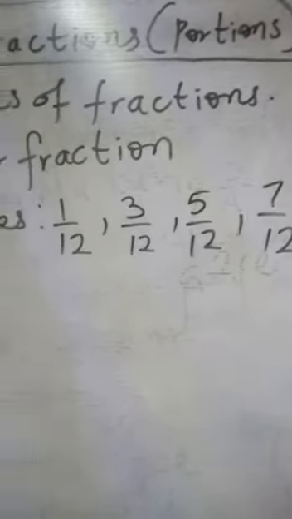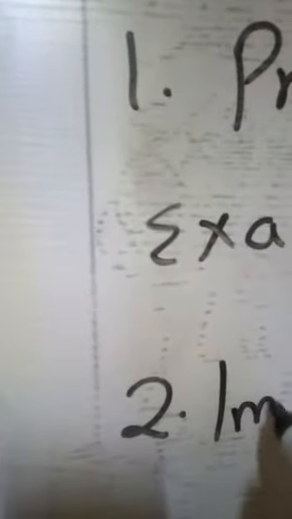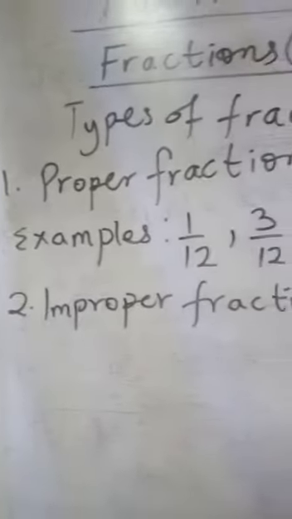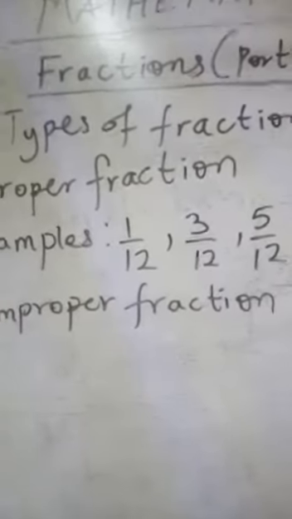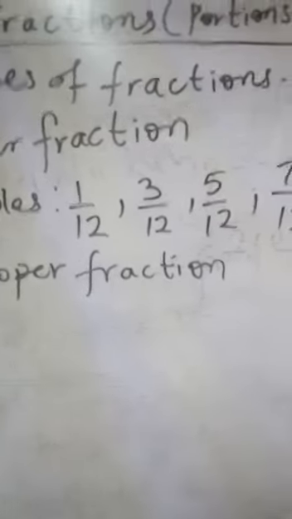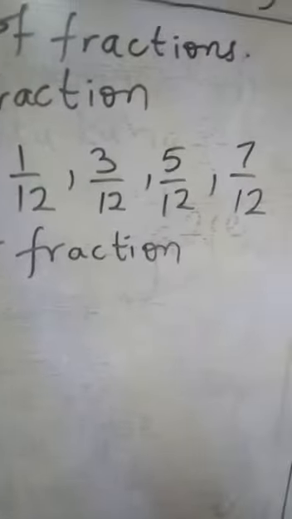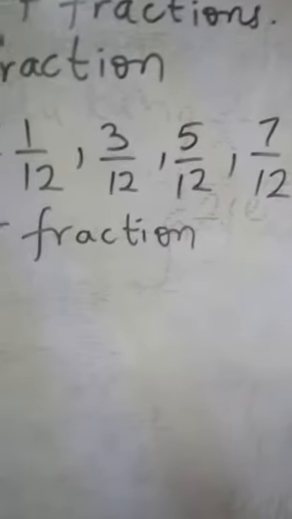Now let's go to what is improper fraction. The second type of fraction is improper fraction. When we said proper fractions means possible fractions, improper fraction simply means impossible fraction. Out of your 12 biscuits, is it possible you give your brother 15 biscuits?